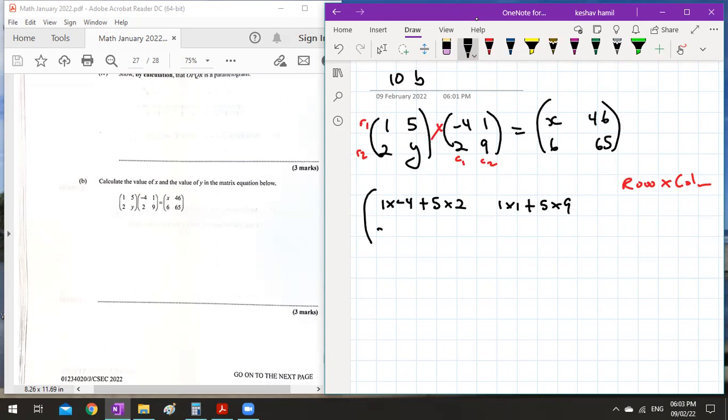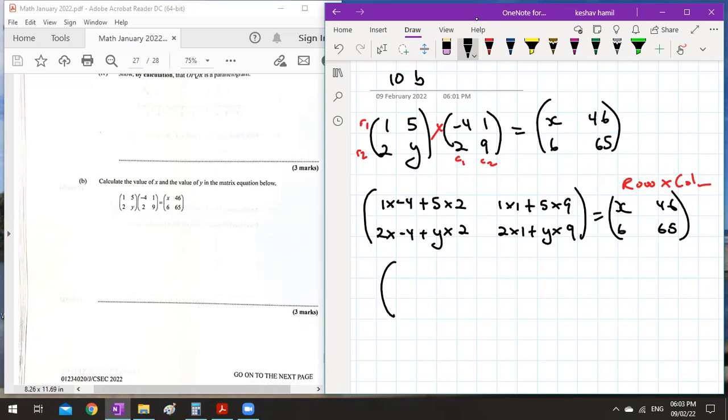Row 2, we have 2 by negative 4, add y by 2. And then row 2 by column 2, which is 2 by 1, add y by 9. And again, it will be equal to (x, 46; 6, 65).